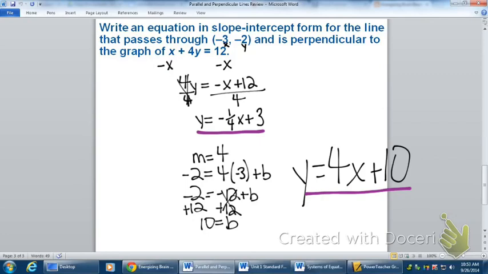So we found a line that passes through the point (-3, -2) and is perpendicular to our original one. That's what we just did. Good?